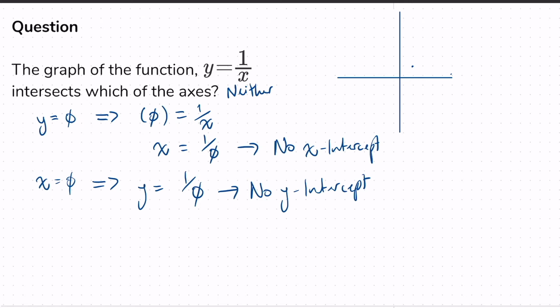And we can see that it's going to get closer and closer without ever touching. And on the other side, we have the same thing, except in the negative. So we get two different answers, which is why, mathematically, we cannot solve these problems, and this function goes through neither of the axes.